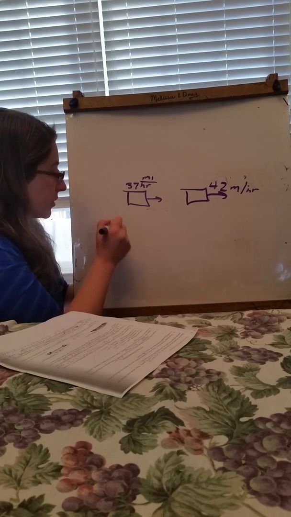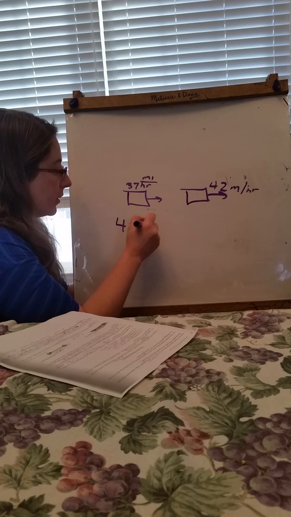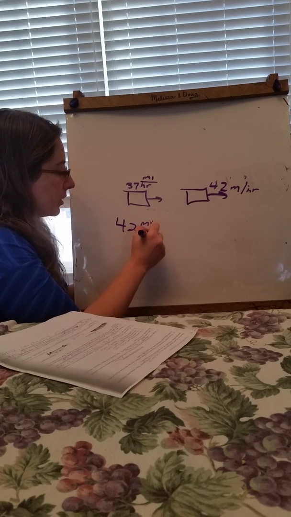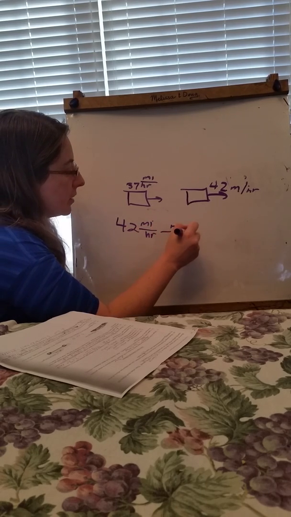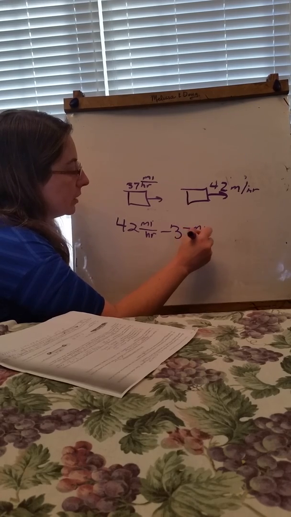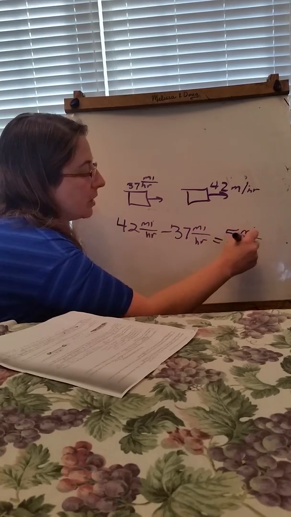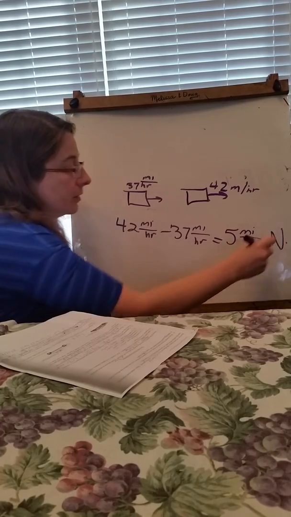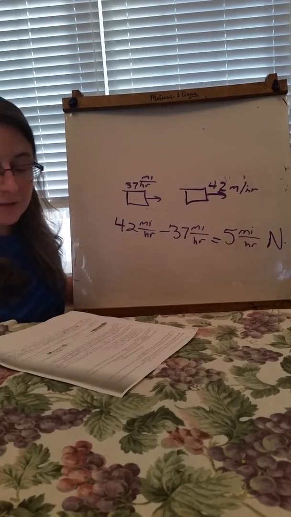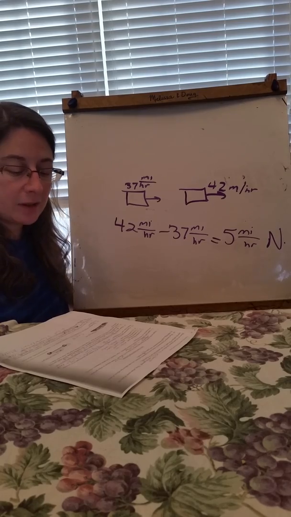So you just do 42 miles per hour minus 37 miles per hour, and you find the difference is 5 miles per hour north. So remember to give directional information there. They're pulling apart at 5 miles per hour north.